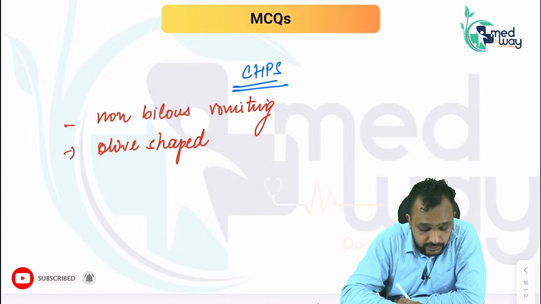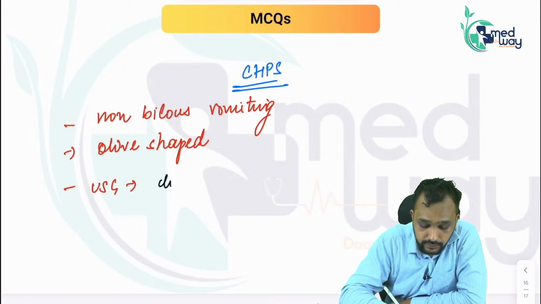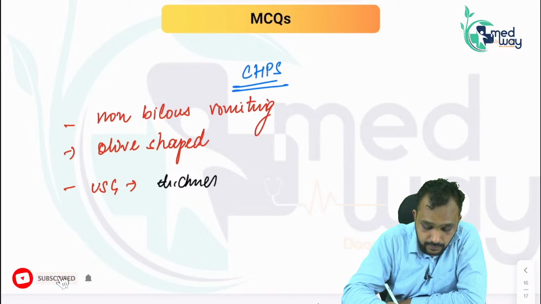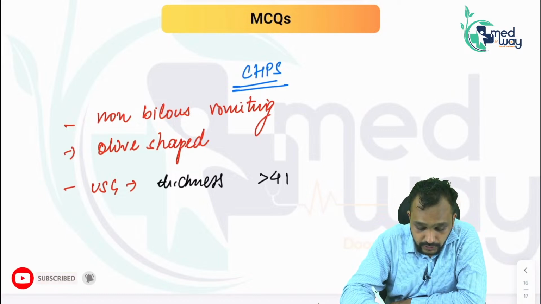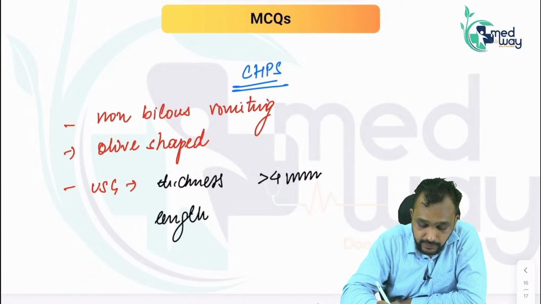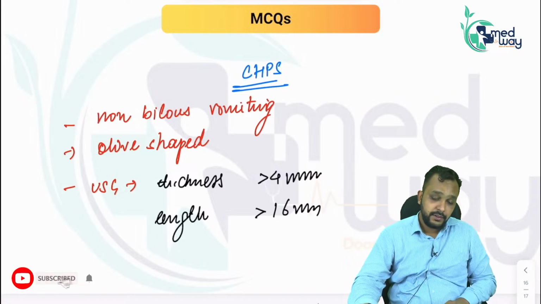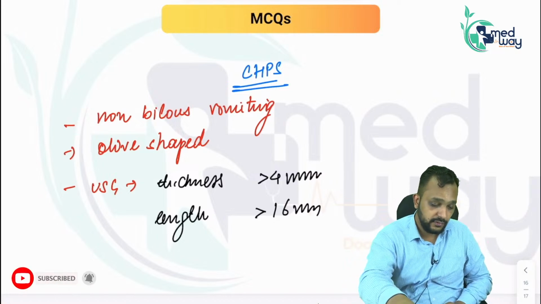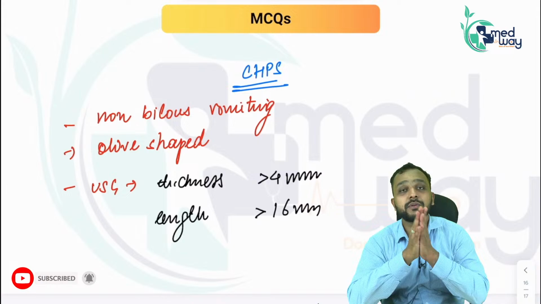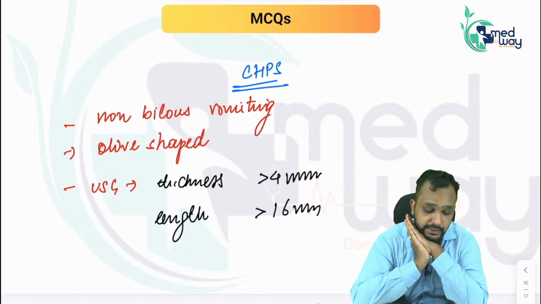And on USG you will see that the thickness of the pylorus will be more than 4 mm, and the length of pylorus that is involved will be more than 16 mm, right?